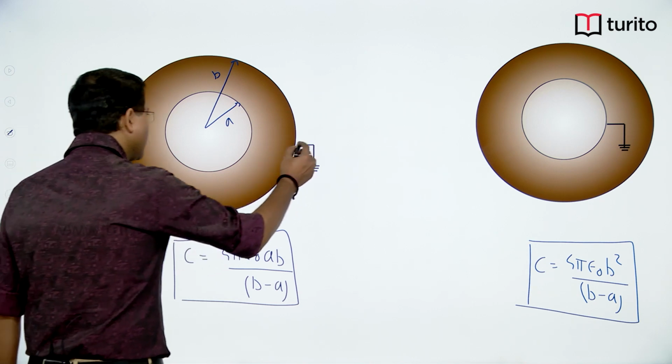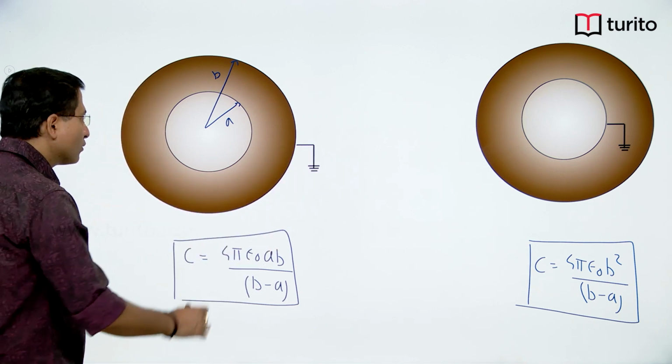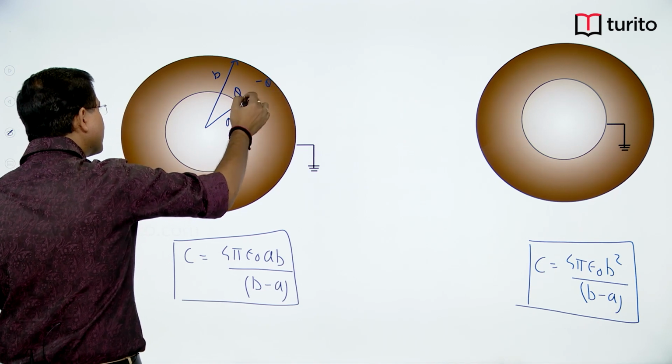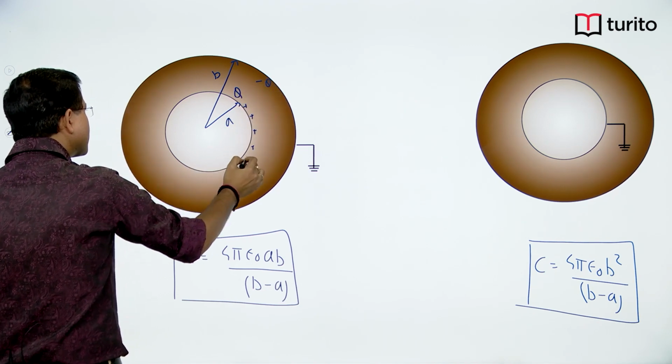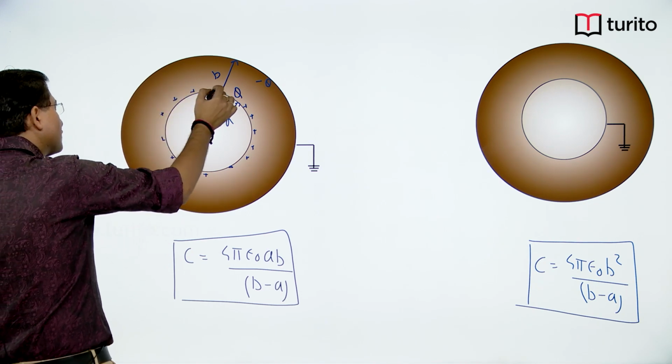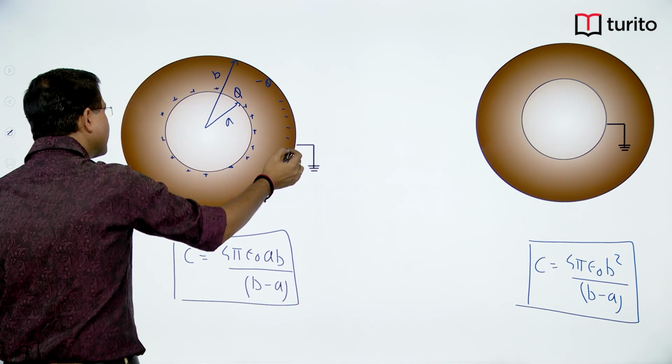When you earth the outer one, we know that the whole charge appears on the inner one. So, this will carry plus q, this will be positively charged, and the inner surface of the outer one will be negatively charged, carrying minus q. So, this will be negatively charged, right.